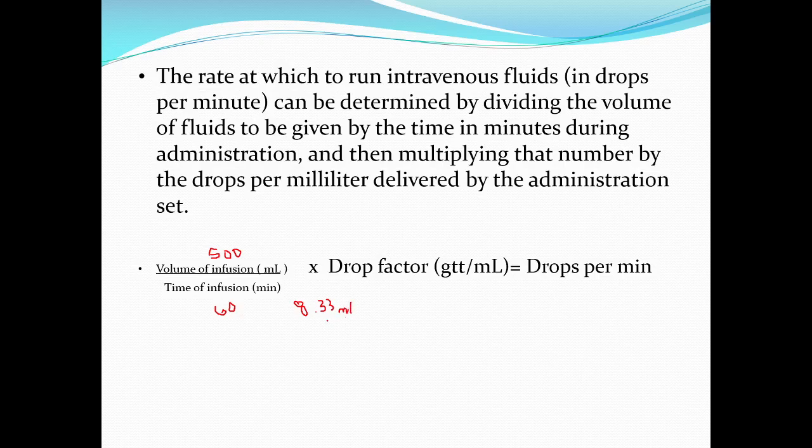Okay, so we might be able to set our machine to do that. But say we don't have a machine. Now we need to figure out how to run those fluids without a machine. And this happens. You may run out of machines in your clinic, or your clinic may not have an infusion machine. So we need to figure that out.